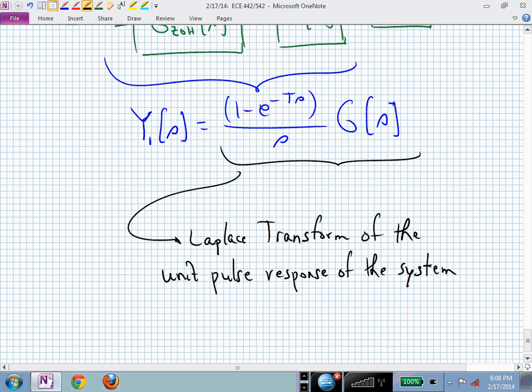If we applied a pulse at the left-hand side and processed it through that combination of blocks, that signal would be capital Y sub 1 of s, which would be the response of our system preceded by a zero-order hold when we apply a unit pulse to that system.